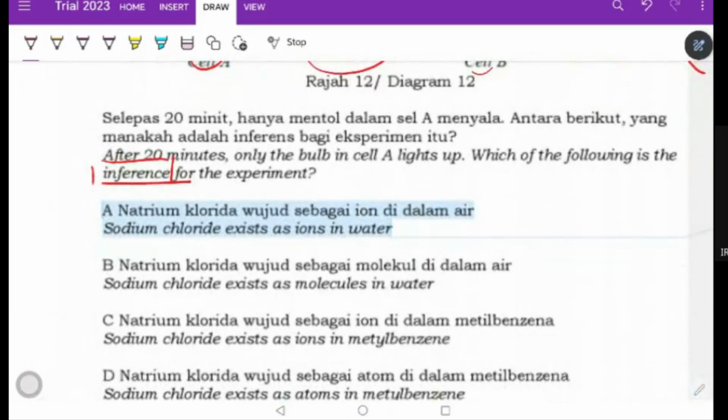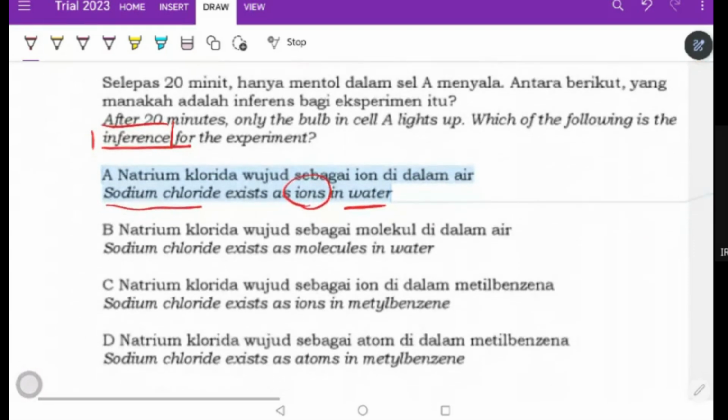Okay. So sodium chloride exists as ions in water, or exists as molecules in water? Sodium chloride is ionic, right? So ionic never has molecules. Molecules are only for covalent.